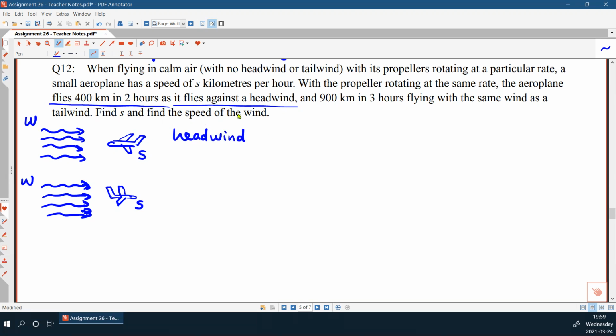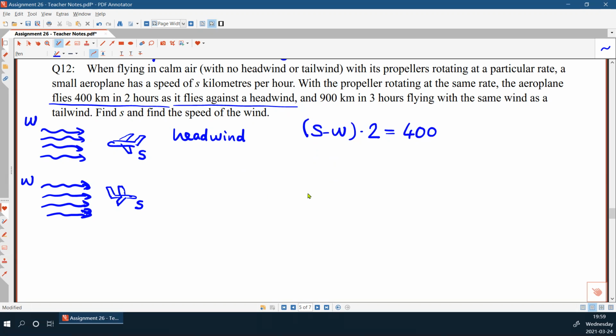The speed is S minus W, times the time, which is 2 hours, and this equals the total distance it traveled, which is 400, right?